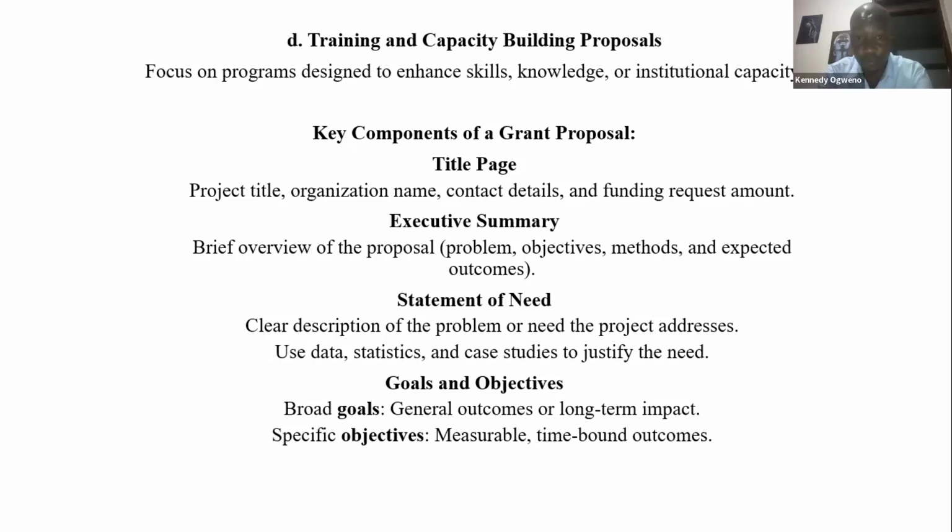I talked about the statement, how it can be written, which of course is the statement of the problem. When you are writing a statement of the problem for your grant proposal, you must problematize your problem. Let me give you a good example. Let's talk about maybe antimicrobial resistant patterns in Nairobi County or in Kiambu County, for example.